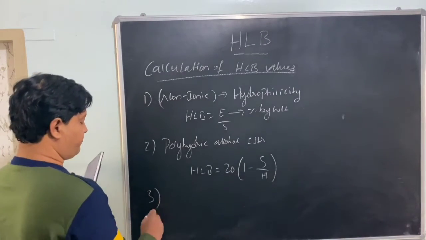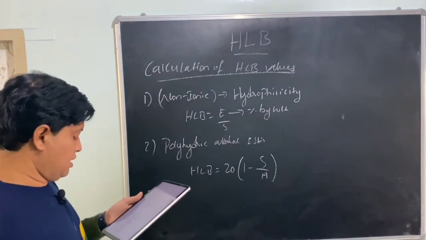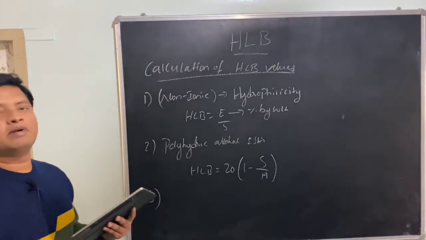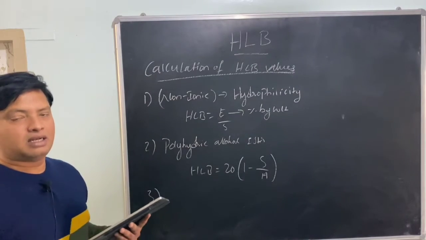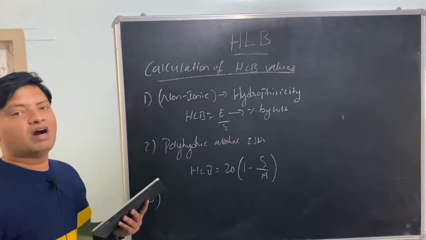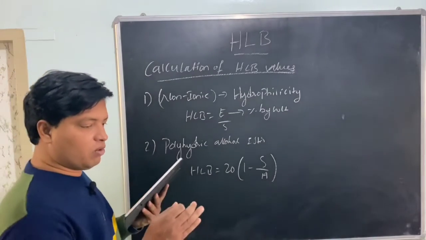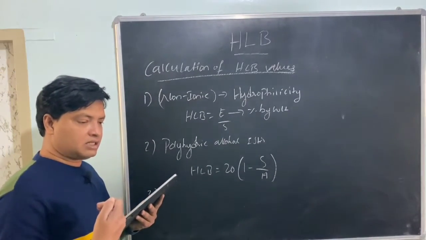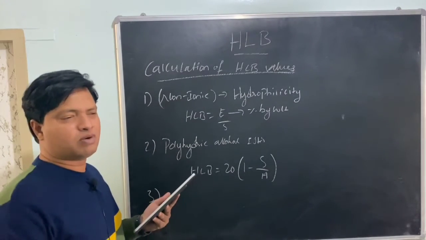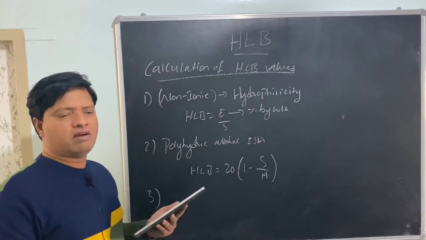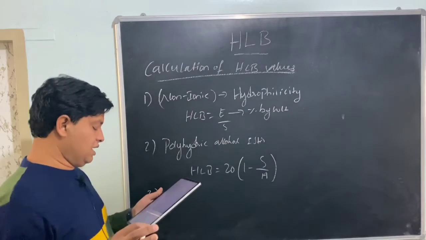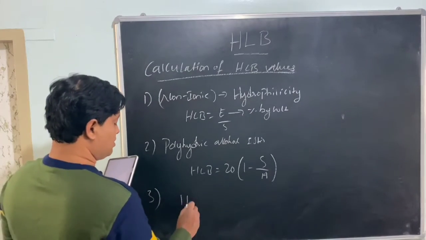Next, if group numbers are given for a surfactant, like how many hydrophobic groups there are and how many hydrophilic groups there are, for example 20 groups of hydrophilic and 40 groups of hydrophobic, in that case you need to use this formula.